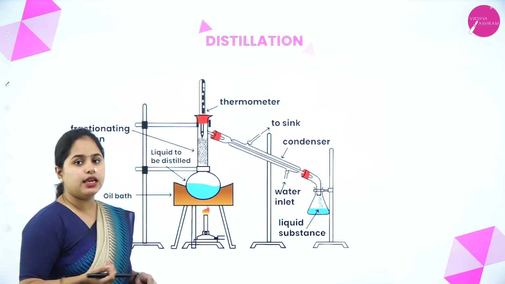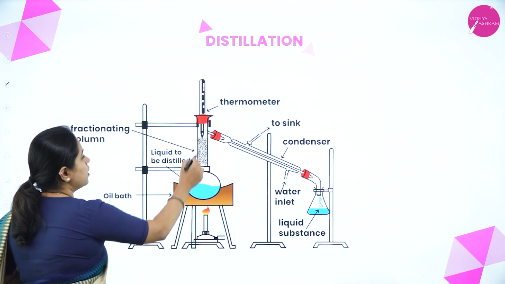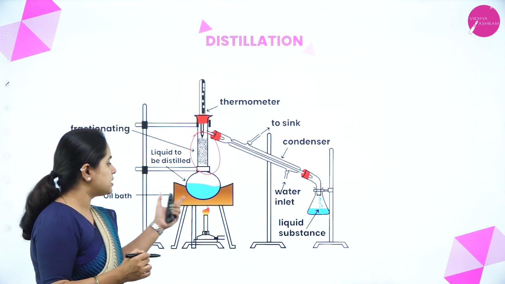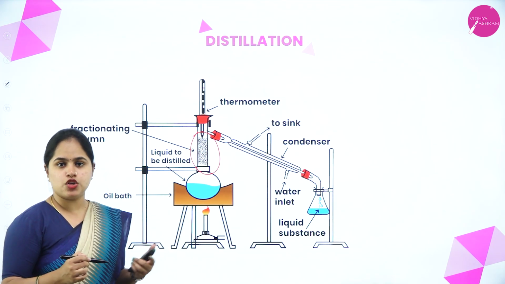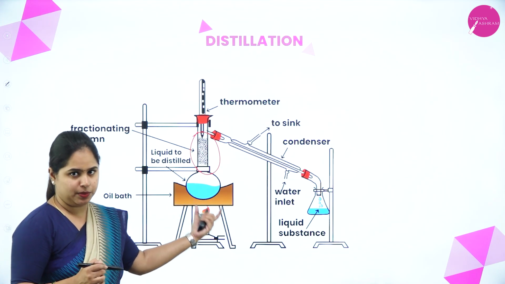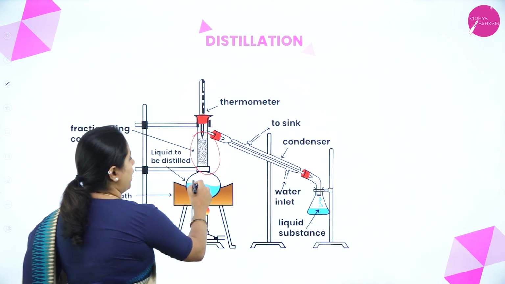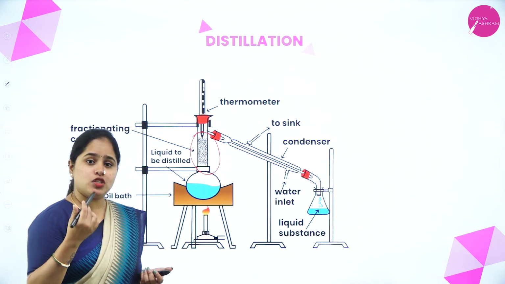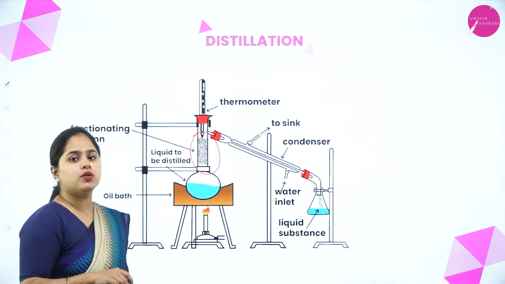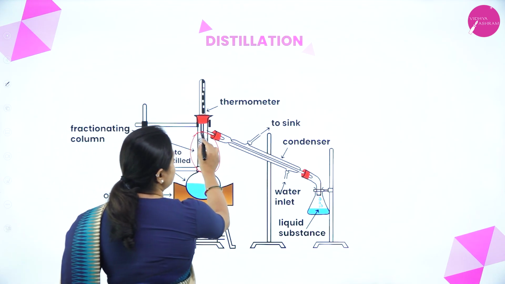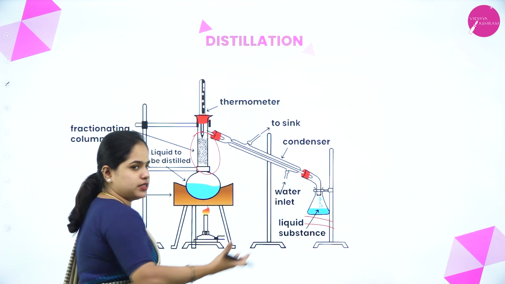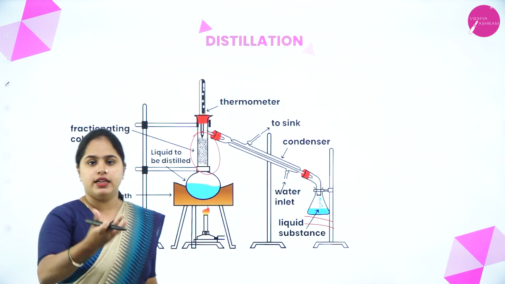So as we can see in the diagram, there is a fractionating column as well, right? Here it is heated in an oil bath, and as you can see, both the liquids will be here, and the mixture will pass through the fractionating column. The liquid with higher boiling point will condense here itself, and the liquid with lower boiling point will pass through the condenser, condense, and finally be separated as the pure liquid substance.